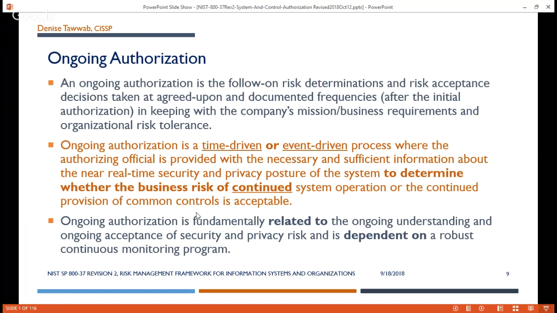Ongoing authorization is either time driven or event driven, where the AO, which is the authorizing official, is provided with the necessary and sufficient information about the security and privacy posture of the system to determine whether the continued use of that system poses an acceptable risk to the organization. The ongoing authorization is fundamentally related to the ongoing understanding and acceptance of security and privacy risk. And it depends on having a robust continuous monitoring program, which is something that we will discuss much later.